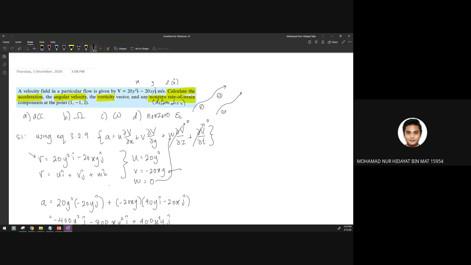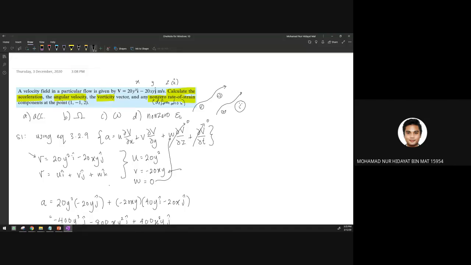Deformation can be considered as stretching and compression. So this is the rotation, we refer to the angular velocity and vorticity.